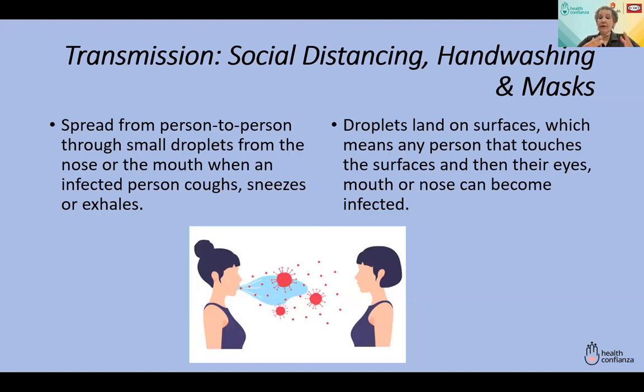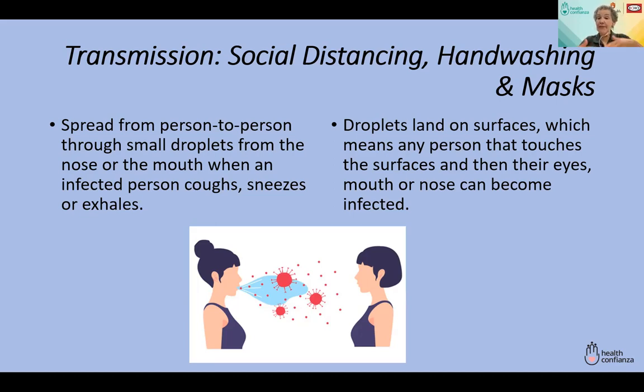Now, the whole issue about transmission of COVID and what mitigation strategies we put into the community. We want to explain why these mitigation strategies are important, because we know COVID spreads from person to person through small air droplets from the nose or the mouth when an infected person coughs, sneezes, or exhales. So you think about mask wearing, because we know it spreads that way.